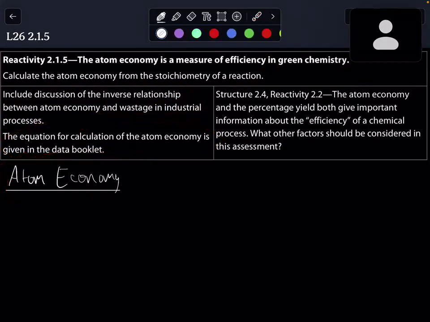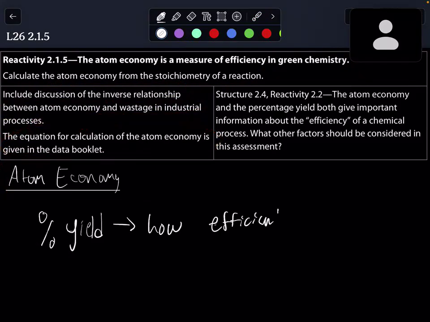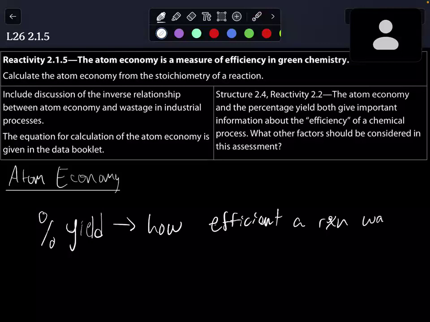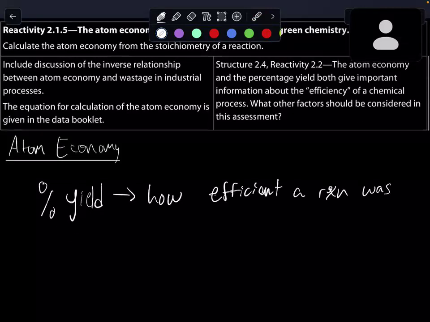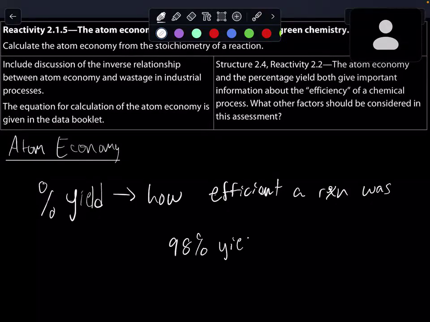Well, in the previous lesson, we learned about percent yield, and percent yield kind of told us how efficient a reaction was. But that's not necessarily true. You can have a really efficient reaction with like 98% yield, but maybe you're producing a byproduct.